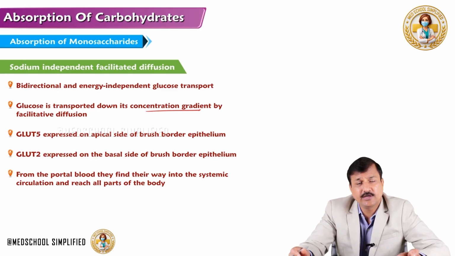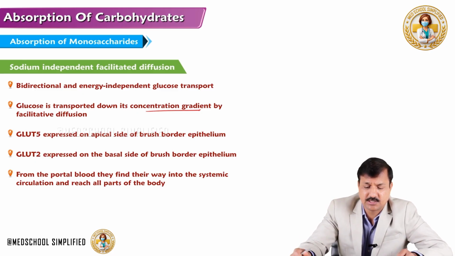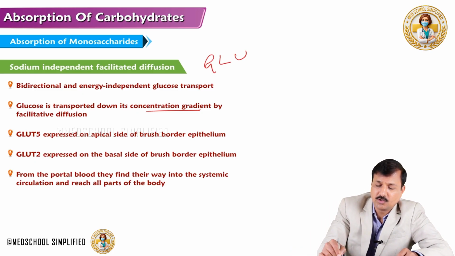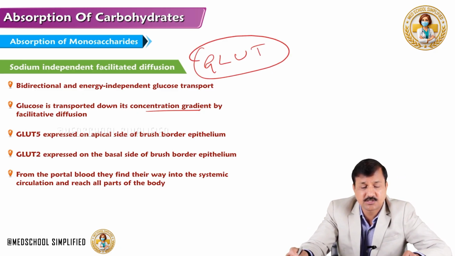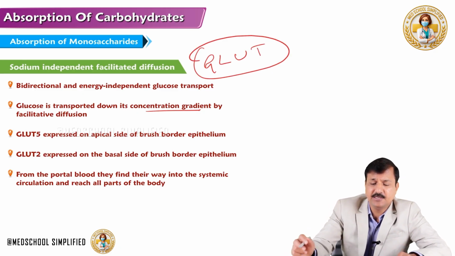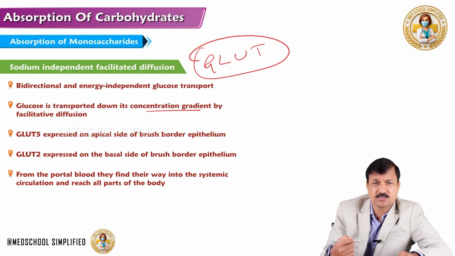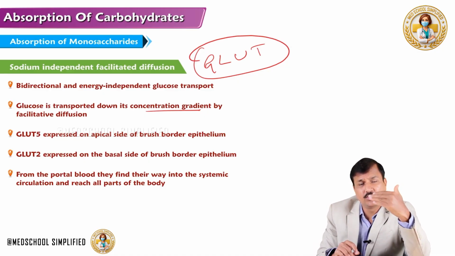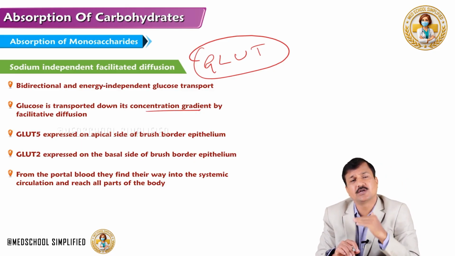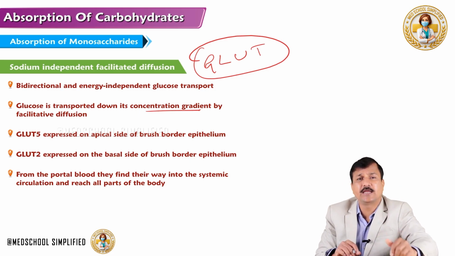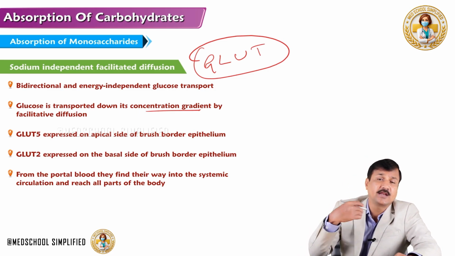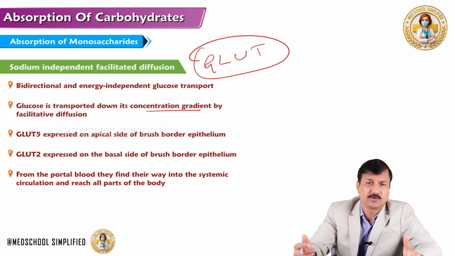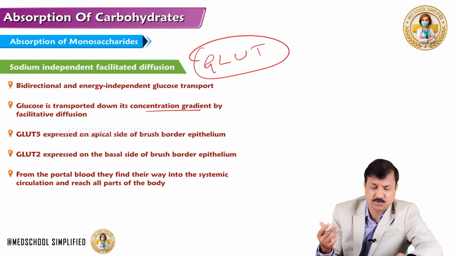Now, let's go into sodium independent glucose transporters, that is GLUTs. Simple glucose transporters are sodium independent. That means these are bidirectional transporters. If the concentration of glucose or monosaccharides is higher in the lumen of the intestine compared to the cytoplasm, all these monosaccharides go down the concentration gradient. They don't need energy; they are not active transporters, they are facilitated transporters.